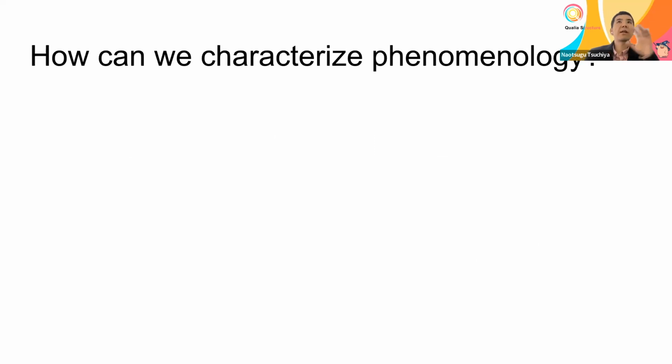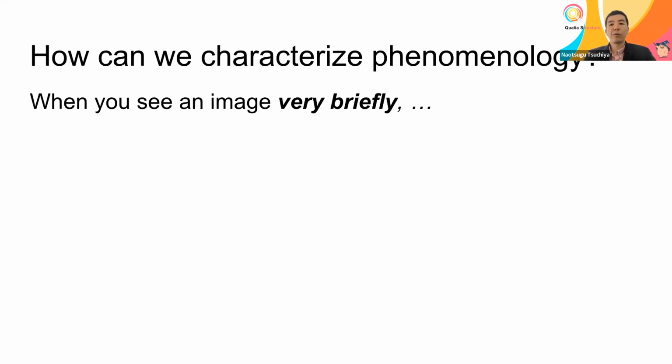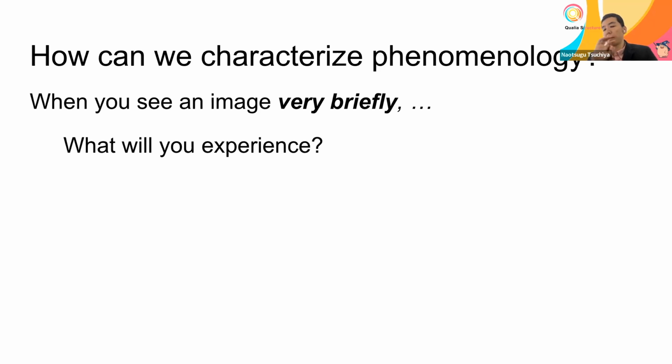So one way to characterize what you are experiencing is to report it as much as possible. I'm going to show an image very briefly to you, and then you will describe what you experience. But at this stage, before seeing anything, do you have any expectation or prediction about what you can experience with a very limited duration of stimulus presentation?